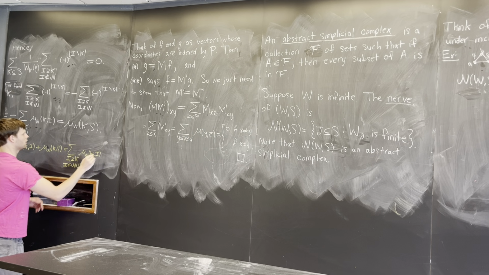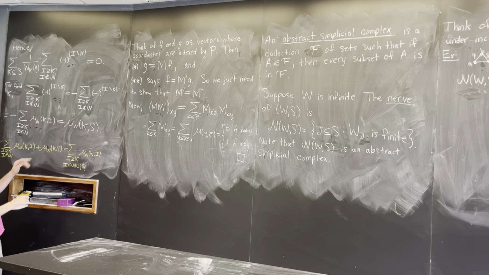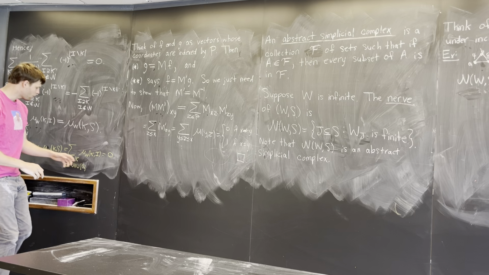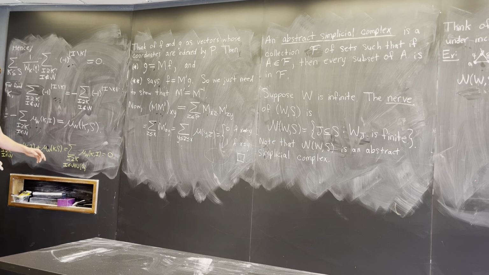I'm just adding this into the sum. But this is 0 because of the definition of the Möbius function: if I sum the values over this, this is basically the interval in that poset between k and the top element, I'm summing the Möbius values, so I should get 0. So that's why this is true.